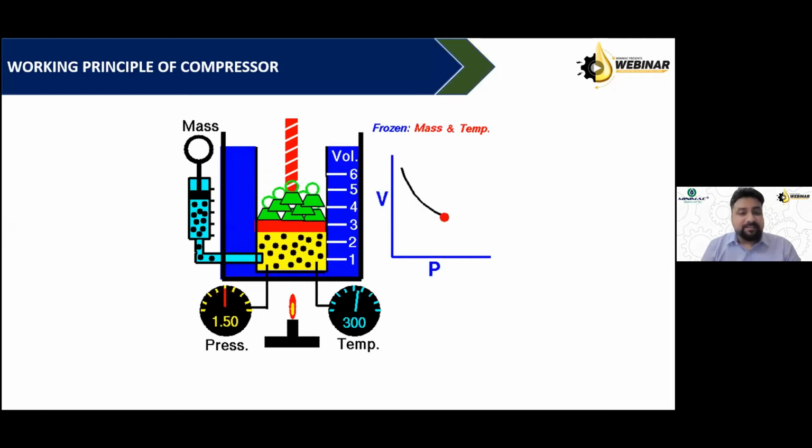So that's the reason we have mentioned that all the laws mentioned in the slide before are applicable for the compressors. And just because of this reason that the temperature increases, it becomes very important for us to know how the application of lubrication is very critical when you talk about compressor lubrication.